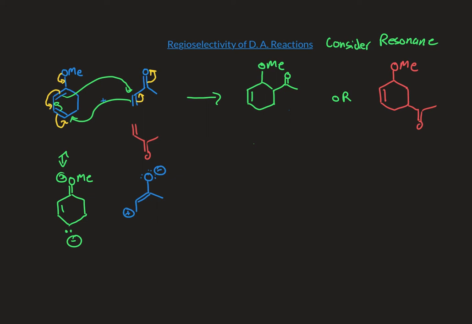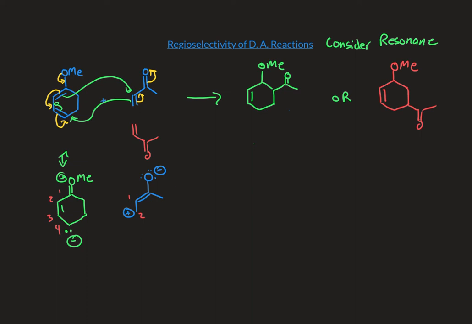The favored product is going to be the product that matches a negatively charged atom with a positively charged atom. And so in this case, carbon 1, 2, 3, 4 is going to wind up being bound to carbon 1, 2.